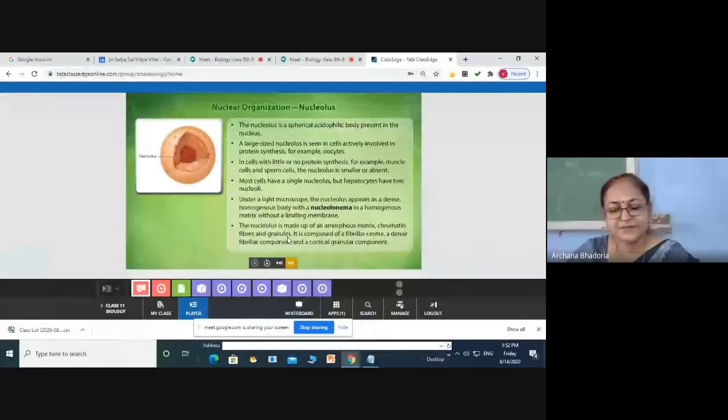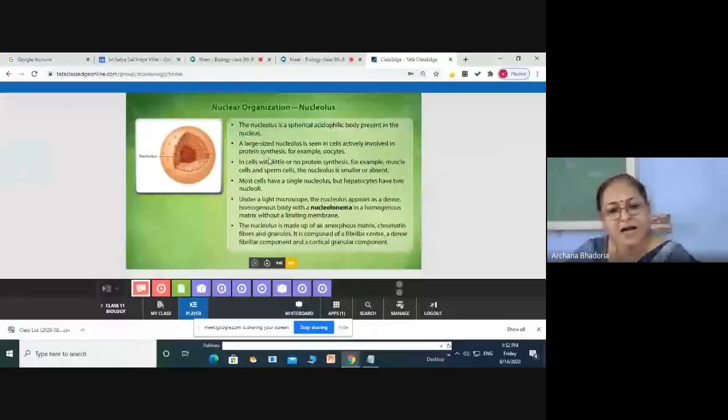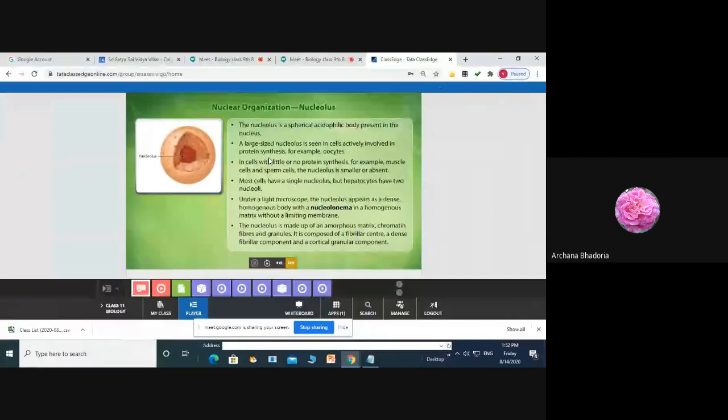Write only that much. Now the size may vary. You can write down: the cells which are actively involved in protein synthesis have large sized nucleolus.